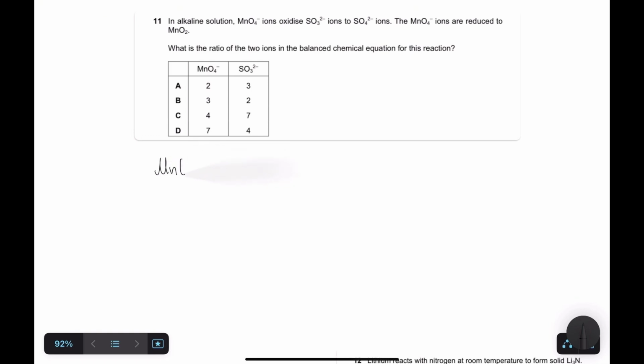The MnO4 negative ion has manganese oxidation state of 7 plus, and it forms MnO2 with the manganese oxidation state of 4 plus. So manganese is reduced to form manganese 4 plus.